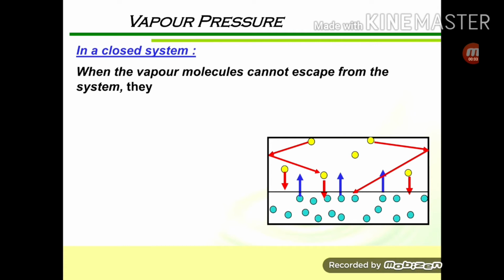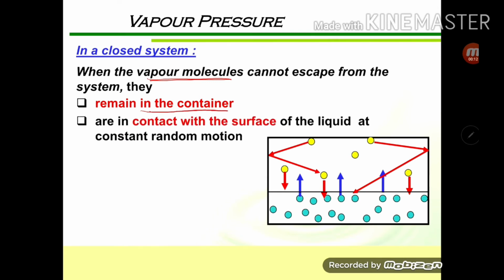In a closed system, vapor molecules remain in the container and in contact with the surface of the liquid in constant random motion.